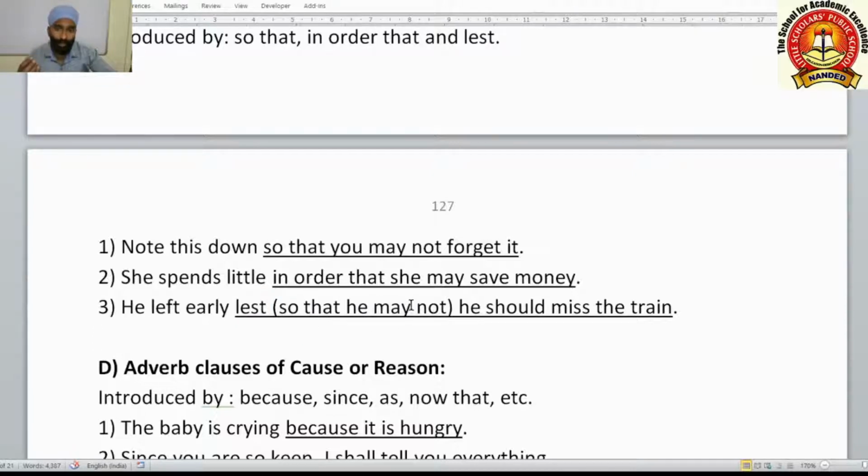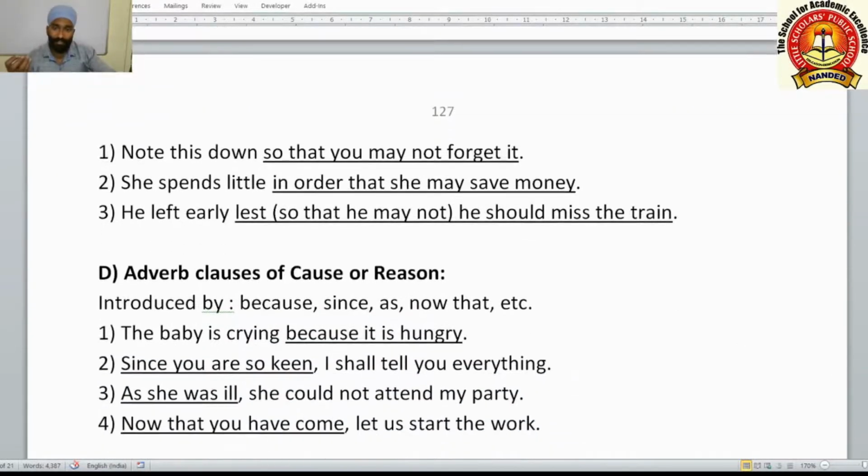He left early lest he should miss the train means he left early so that he may not miss the train. These sentences are negative. Whenever lest and should come, that means the adverb clause of purpose. What the purpose is, is expressed here.